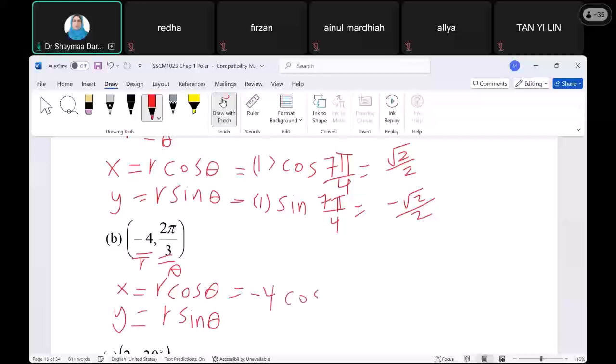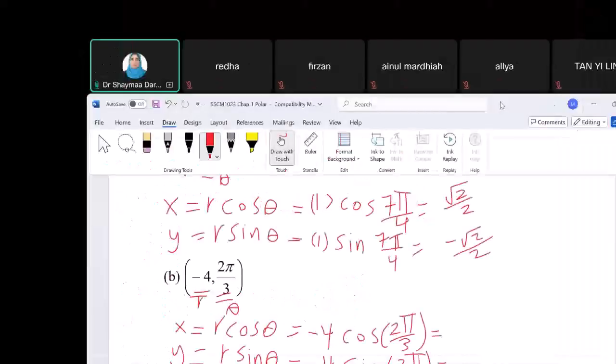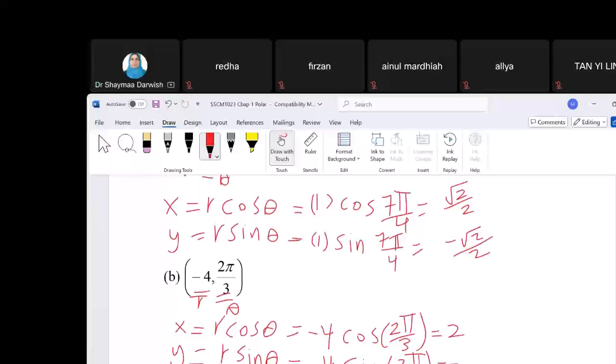Multiplied by cos 2 pi over 3. This one minus 4 sine 2 pi over 3. Yes, this one equals minus 2 square root of 3, or in decimal form also can.